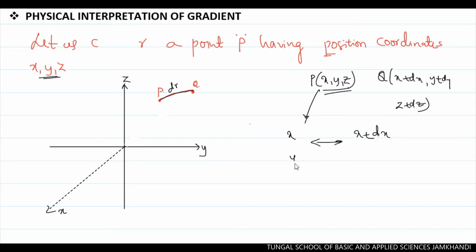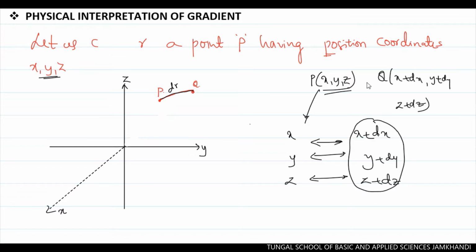For P I defined y, so for Q I define y plus dy. Similarly for z, I define z plus dz, right? So these are the position coordinates for the Q point, and these are for the P point.